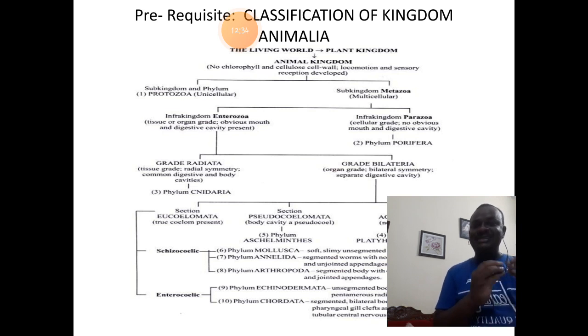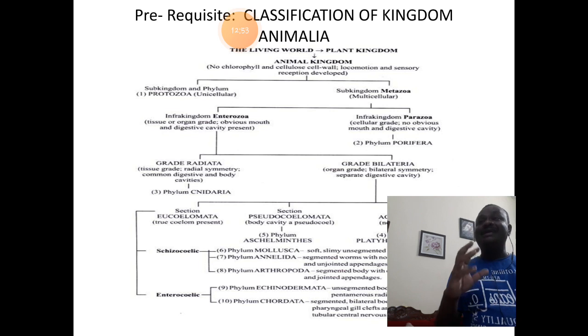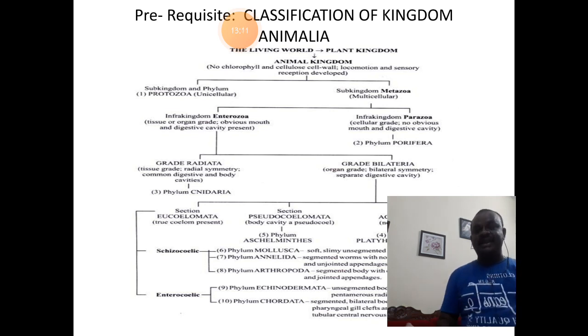The next group of organisms are called eumetazoans. As you see in the second line of the classification in the slide, you have eumetazoans. These eumetazoans are said to be true multicellular organisms. That is to say, at every stage of their life, these organisms are capable of exhibiting locomotion. Students, it includes organisms with tissue grade, organ grade, and organ system grade of body organization.